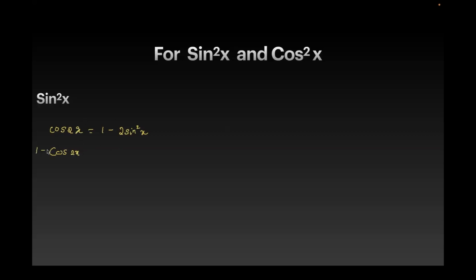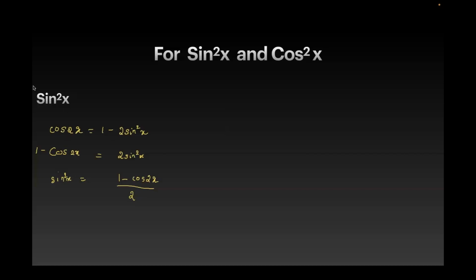So 1 minus cos 2x is 2 sine square x. I will take 2 down. So sine square x can be written as 1 minus cos 2x by 2.